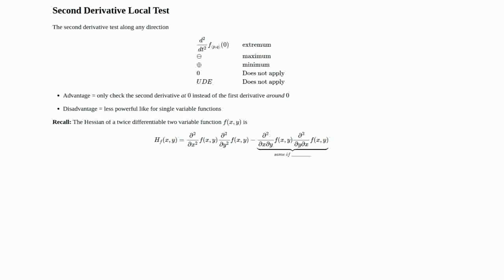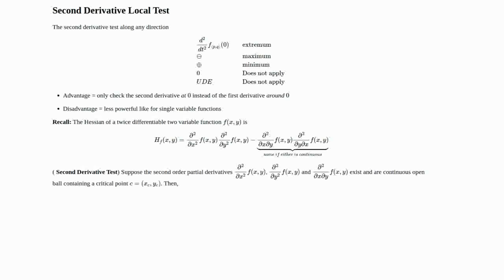Now remember that if we could show that either of these mixed partial derivatives is continuous around (x, y), then these have the same value, and then we just have that value squared. So the second derivative test is: suppose that the second partial derivatives exist and that we have the continuity of this mixed partial, so that they're both the same.